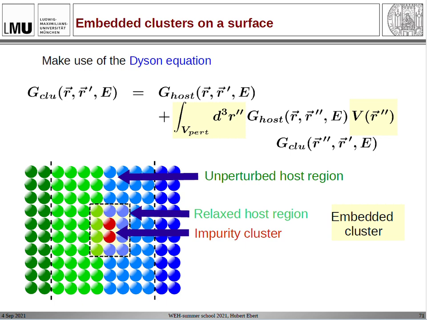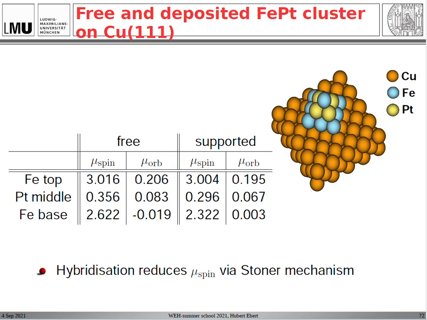And so we have an embedded cluster on top of a surface, the situation is depicted here, and this gave for the iron and platinum moment in such a cluster the corresponding moments you see here, for the spin and the orbital contribution.